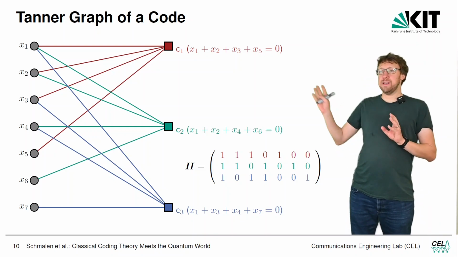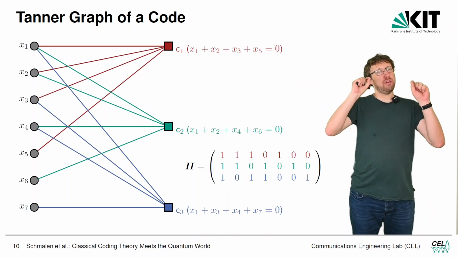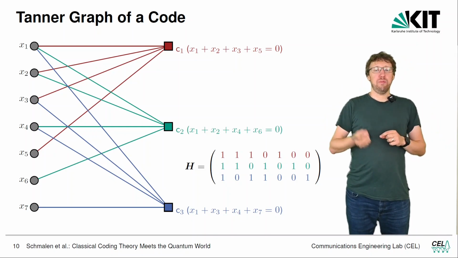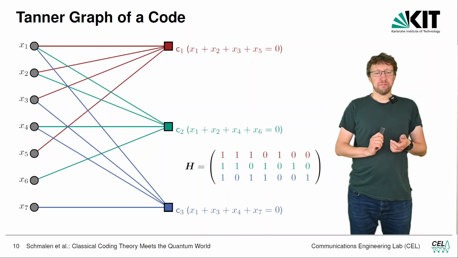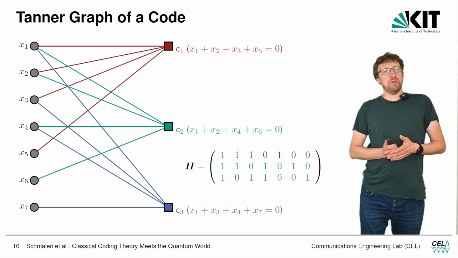So think of these nodes in the Tanner graph as small computing engines. They compute messages and they pass these messages back and forth. The operations are extremely simple.